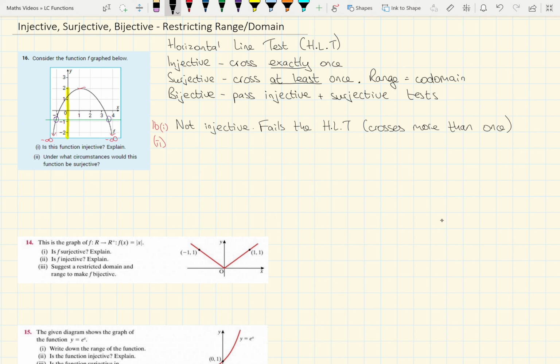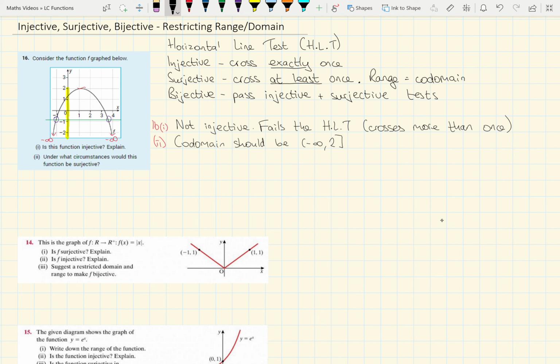So our codomain should be minus infinity to 2, and we use a rounded bracket on minus infinity because we don't know the actual value for it, so we can't say or confirm that it ever actually touches that value. But on the other hand, we know for definite our function touches 2, so we use a square bracket for that.